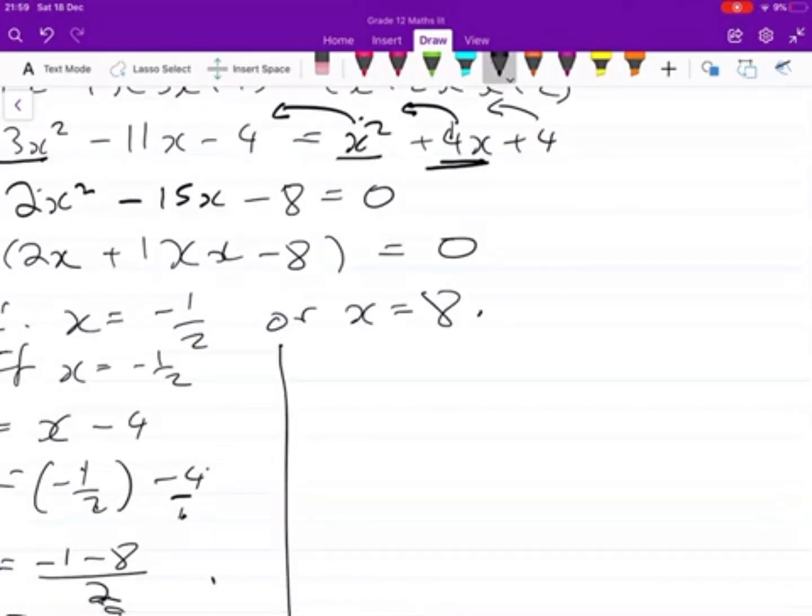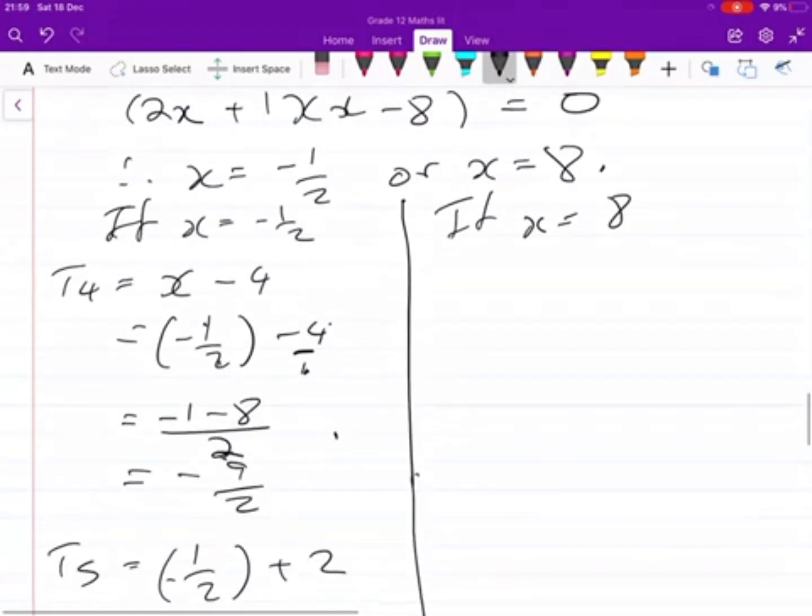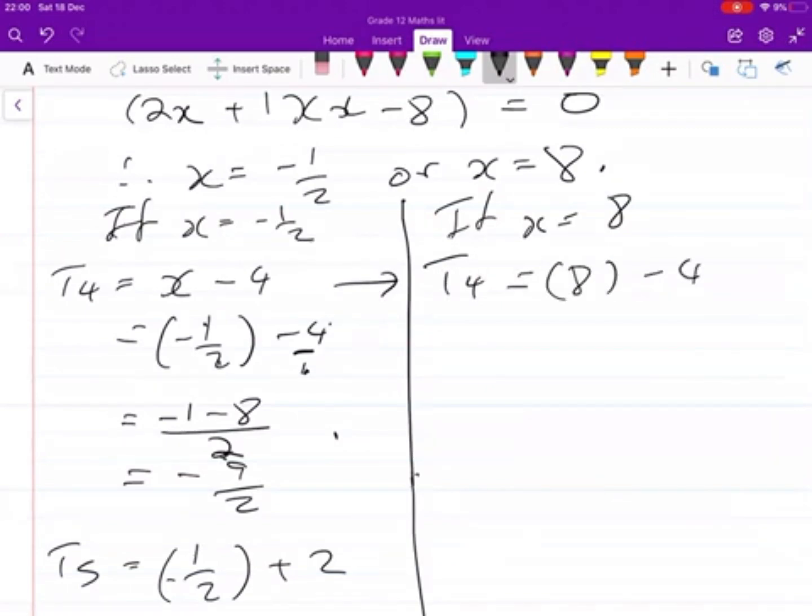So now we're gonna follow the same procedure, but this time x is equal to 8, and I'm gonna be quick on this one because I assume that we already know. Well, here wherever we see x, we will now no longer put -1 over 2. We'll just put 8 minus 4, and of course our answer there is 4.